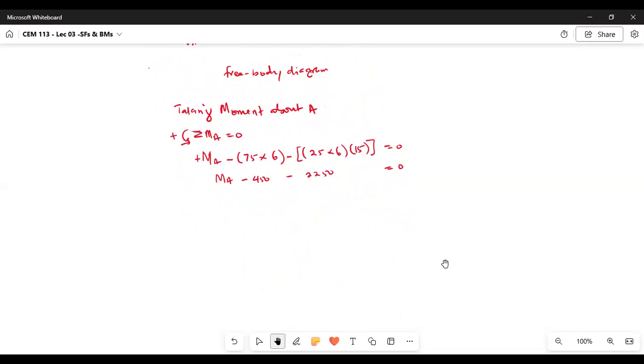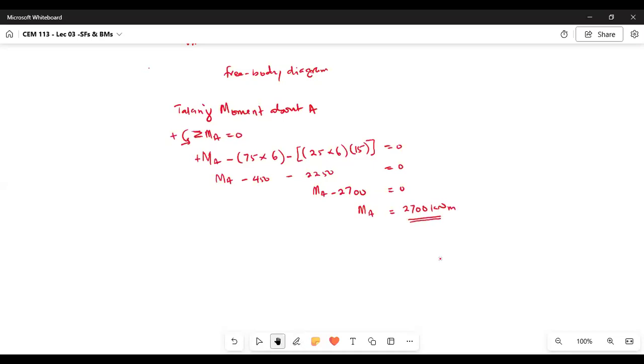So when we put this together, we'll get MA minus 2700 is equal to 0. So that MA is equal to 2700 kilonewton meter.